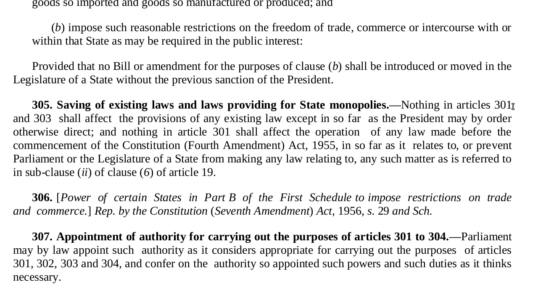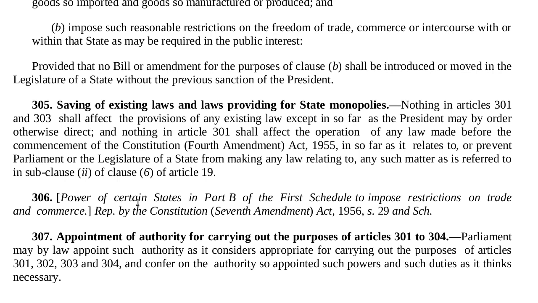Nothing in Articles 301 and 303 shall affect the provisions of any existing law except in so far as the President may by order otherwise direct; and nothing in Article 301 shall affect the operation of any law made before the commencement of the Constitution (Fourth Amendment) Act, 1955, in so far as it relates to, or prevent Parliament or the legislature of a state from making any law relating to, any such matter as is referred to in sub-clause (ii) of clause (6) of Article 19.